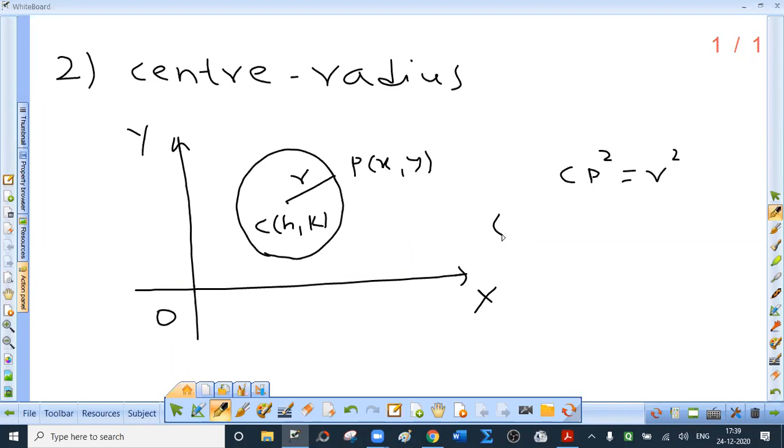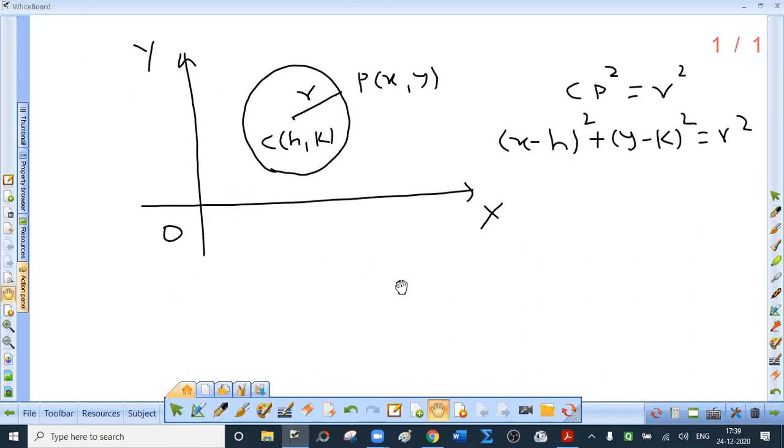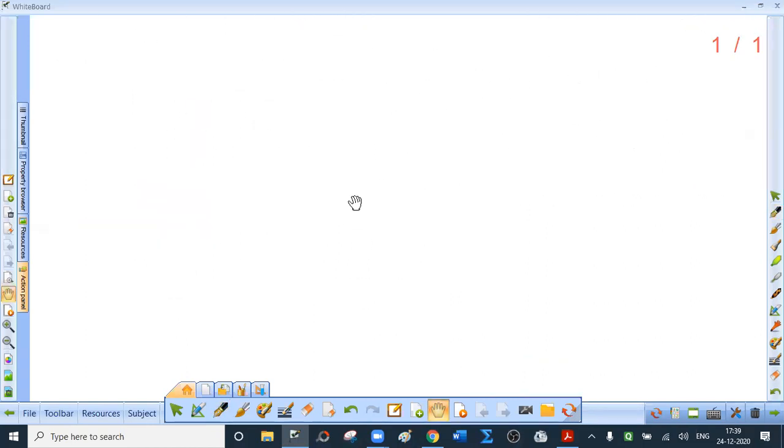So by distance formula, I get (x minus h) square plus (y minus k) square equal to r square. So this is equation of circle in which form? Center radius form. We'll be studying one more form, and then we'll start solving some problems from the first exercise.